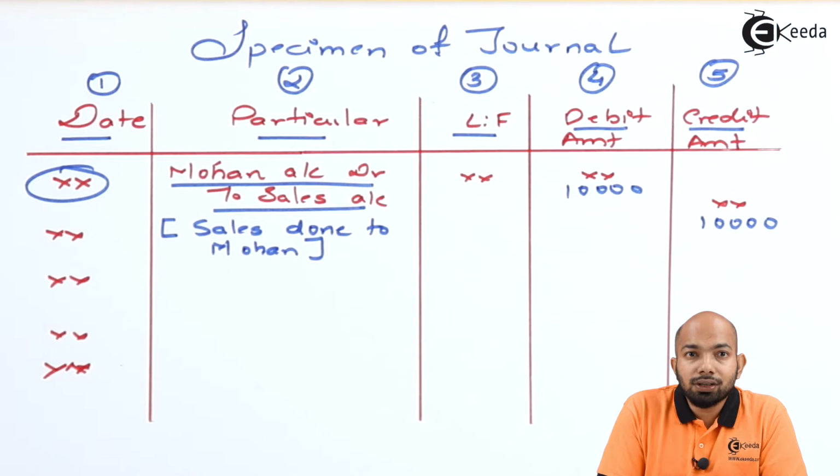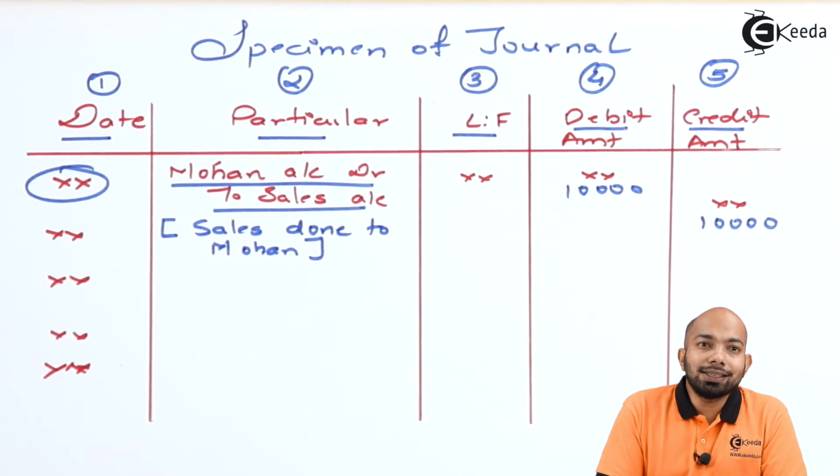Either it is a purchase transaction, a sales transaction, an expense, or an income that has been credited, etc. However, just to give you a brief idea about what narration is, this is how you write down the narration here.